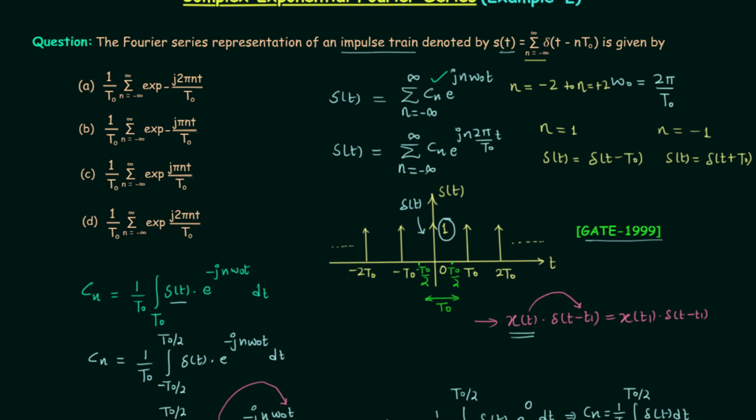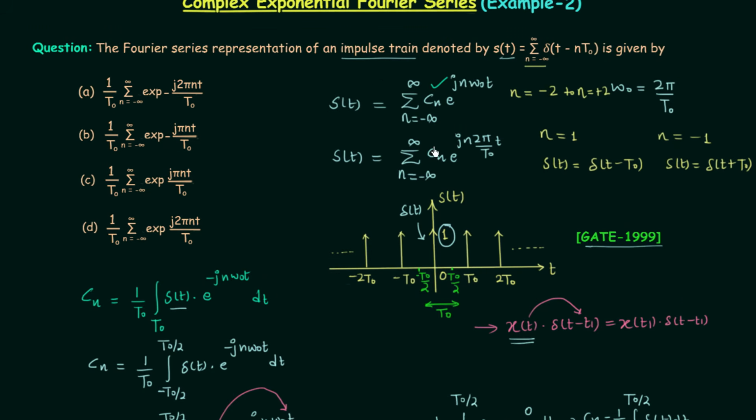We will simply put Cn equal to 1 by t0 here, and we will have the Fourier series expansion of the given signal st. It is equal to summation n equal to minus infinity to infinity 1 over t0, which is the value of Cn.